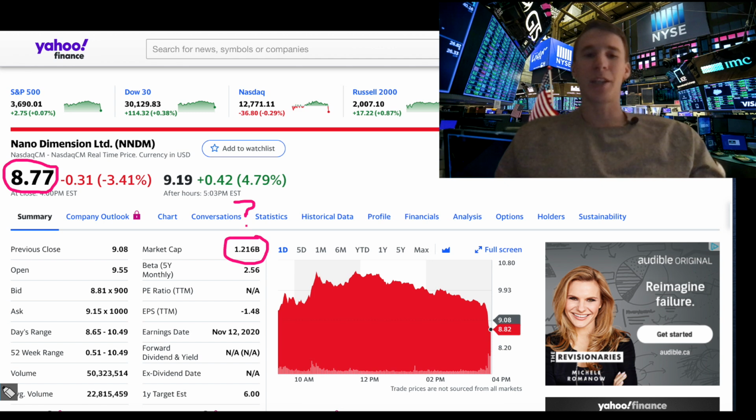But I mean, just 3 months ago, this market cap was around 100 million. So the math's not adding up. So I'm going to be doing a simple formula showing you guys where the share price would be if we never saw dilution. Let me just say, the share price would be up massive if we never had dilution. But I'll explain more about that dilution in a second, and you guys will understand what I'm talking about.